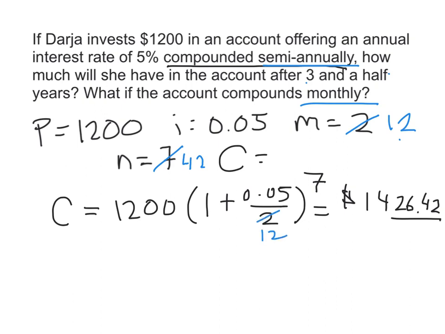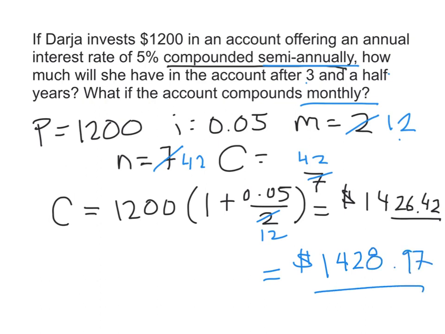So M is 12, N is 42, and based on this new calculation, that's $1,428.97. A little bit more when we compound more frequently. And this can really add up if we've got bigger amounts of money, bigger interest rates, or longer time periods.